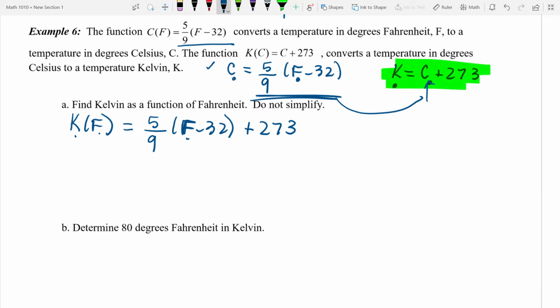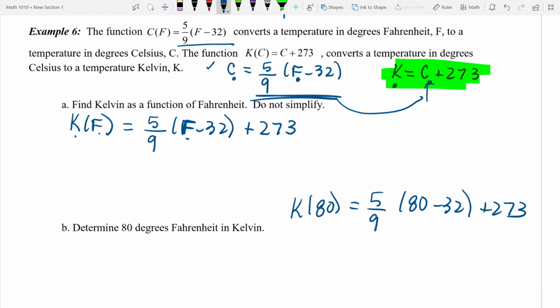Question B, determine 80 degrees Fahrenheit in Kelvin. All you're going to do is put an 80 right there. So everybody just go K of 80 is equal to 5/9 times 80 minus 32 plus 273. Grab your calculator, okay? You need to be in the habit of taking out that calculator every single time you come to class before the bell rings. It's sitting right on your desk. We're going to use it more and more.